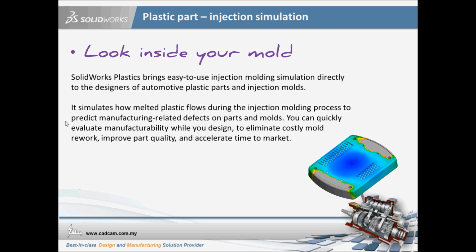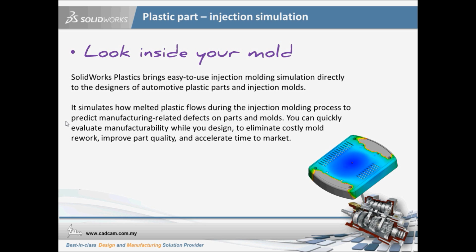Now, I'm going to stop at the simulations and let's look into plastic injection. Like I mentioned just now when I explained the nonlinear analysis, nowadays quite a lot of parts are replaced with plastic parts, and designers are not sure how good the design is.